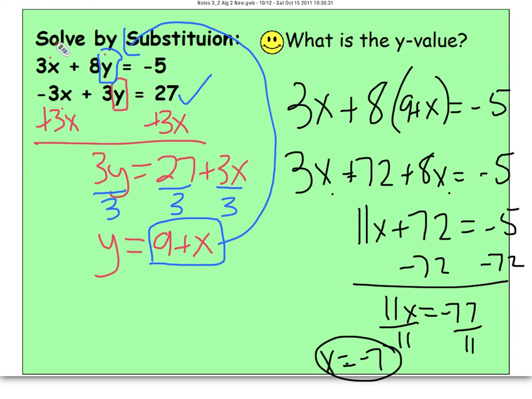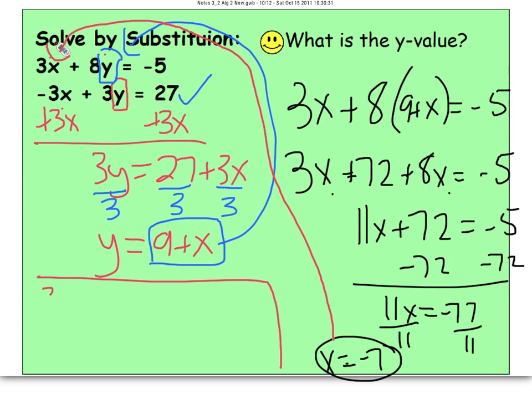Now if x is negative 7, I'm going to take that value. I'm going to choose just to put that back into this x value and solve. So over here in this corner, I'm going to do 3 times negative 7 plus 8y equals negative 5. It's negative 21.